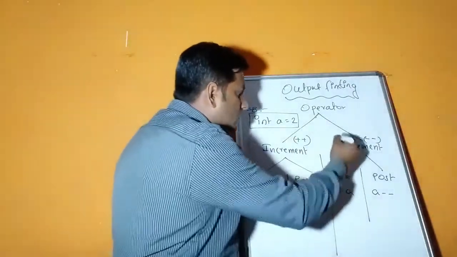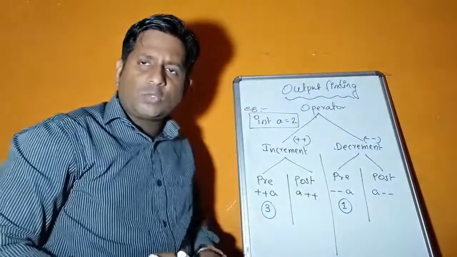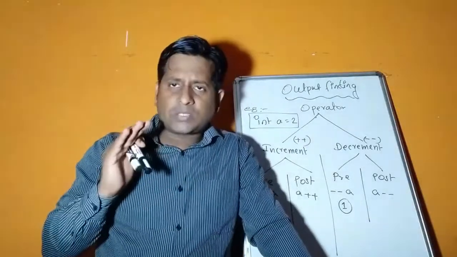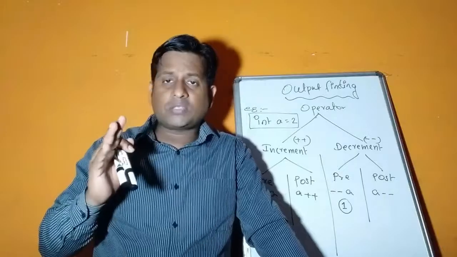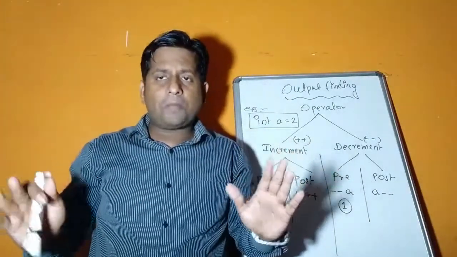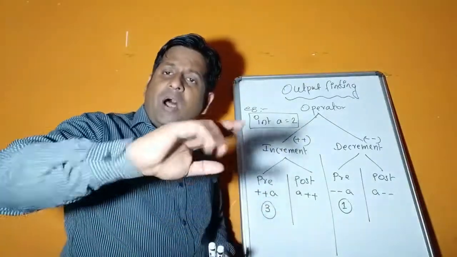The value was 2, so it now becomes 1. Clear, children? Understood the use of pre? Pre means first increase or first decrease the value. Now post. Post means after.